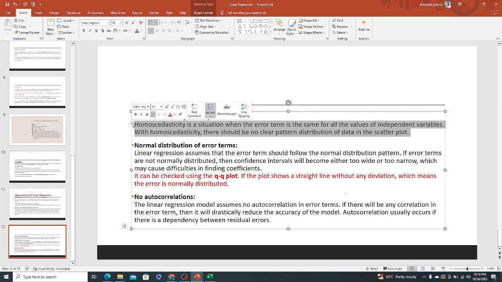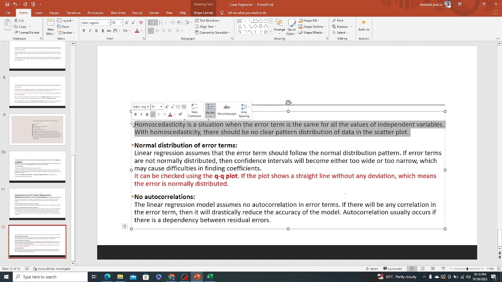In this case you will have to go and correct your data set to improve your model performance. If it is the issue of homoscedasticity, you will see whether your error term values have the same pattern or they are scattered all over.